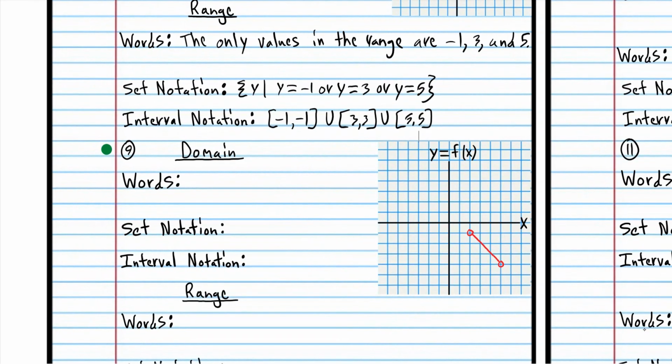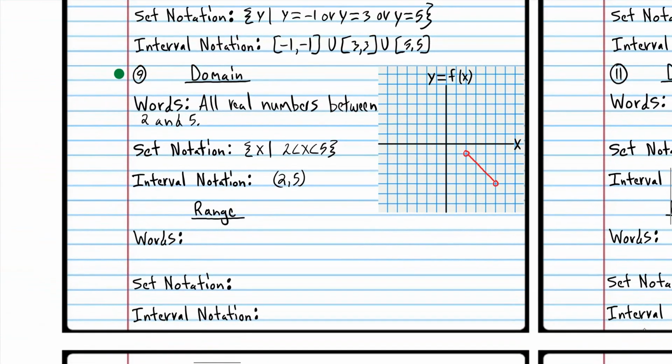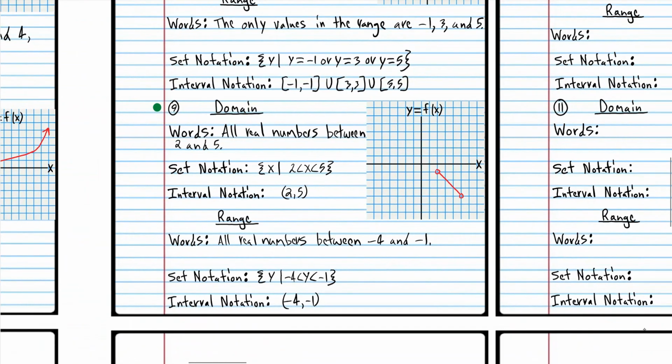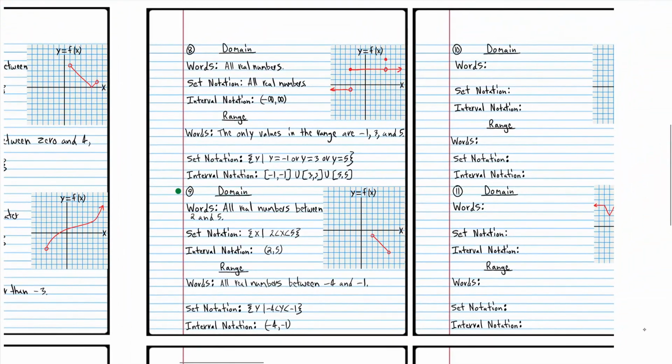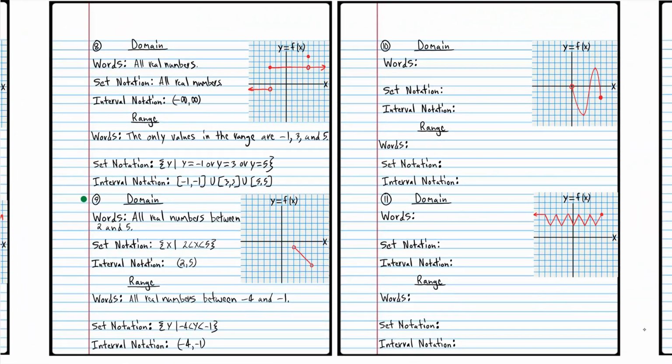Okay, we're back. So if you got that right, excellent. Now for the range. So if you got that right, excellent. Okay, go ahead and try number 10. When you come back, we'll do it together. All right, we're back.